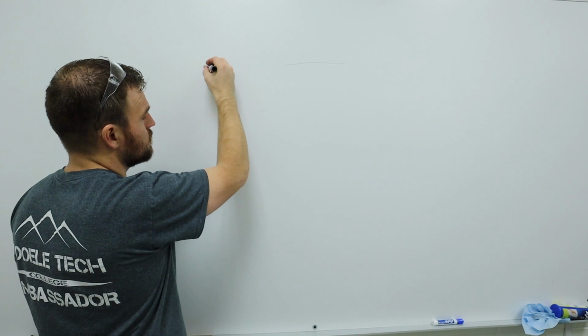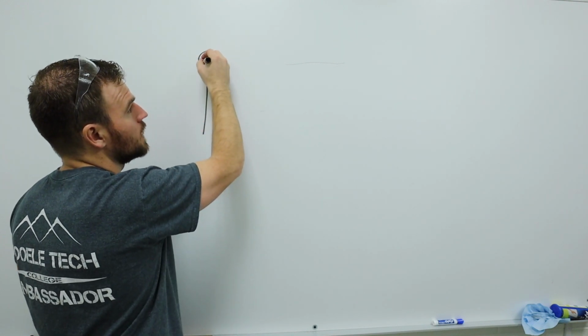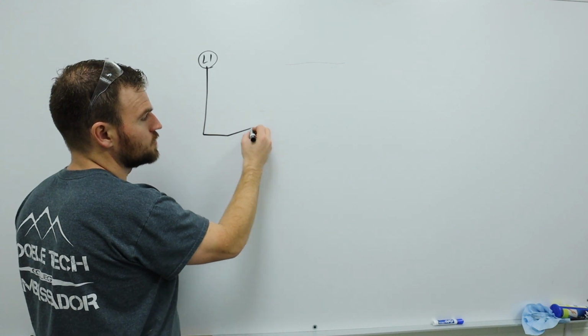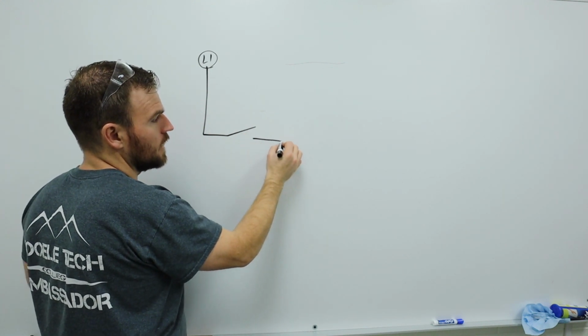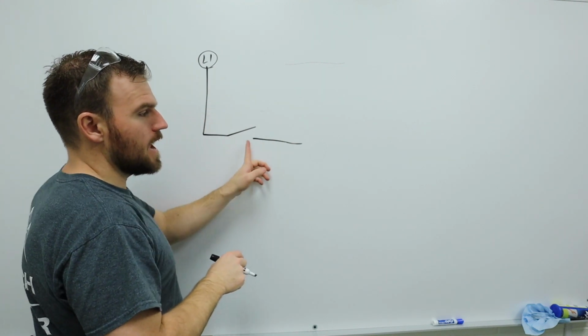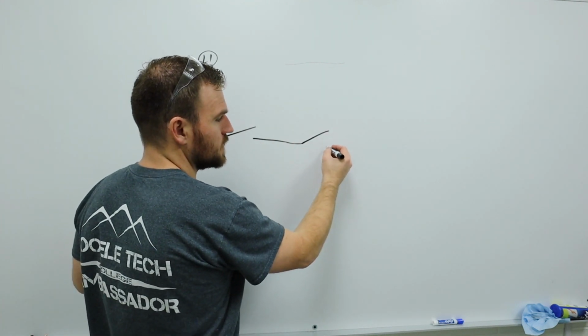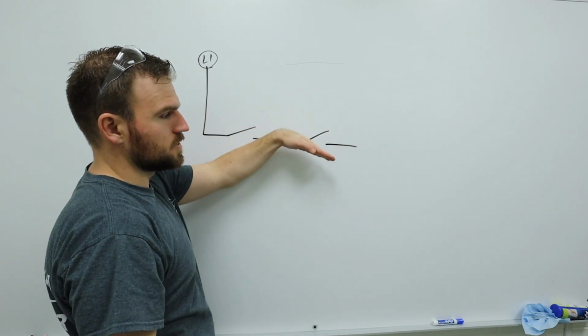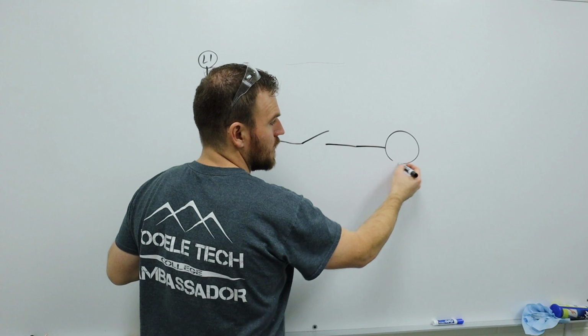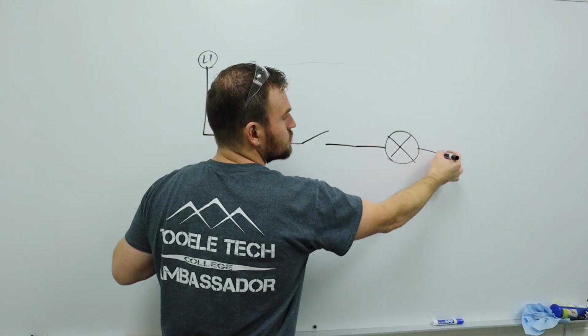So I have my power coming in, and we're just going to write L1 here for now. I need it to come over and go to a switch, and this one has to be connected down, and then go to another switch, and that one has to be pushed down too for this circuit to become true. Then I'm going to come over here and have my light on this side.